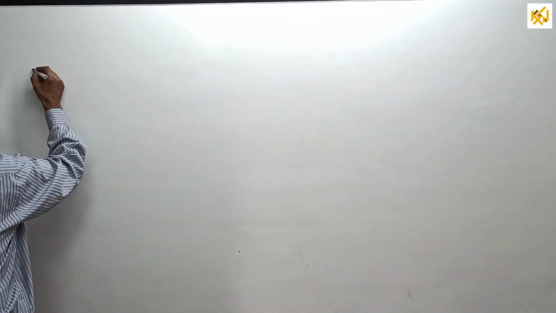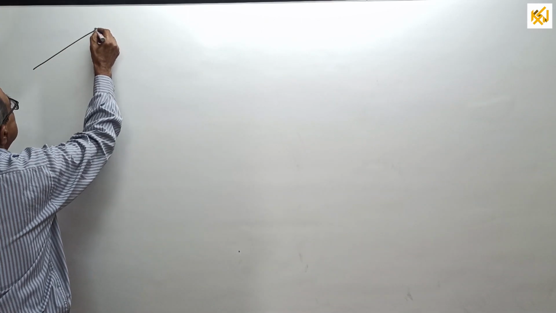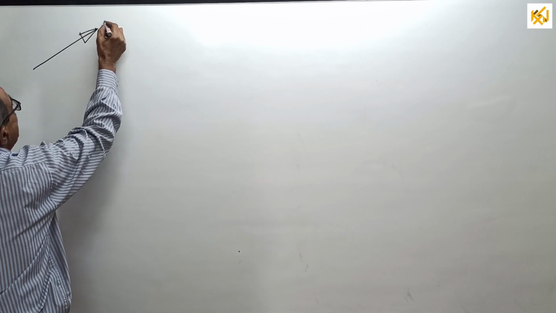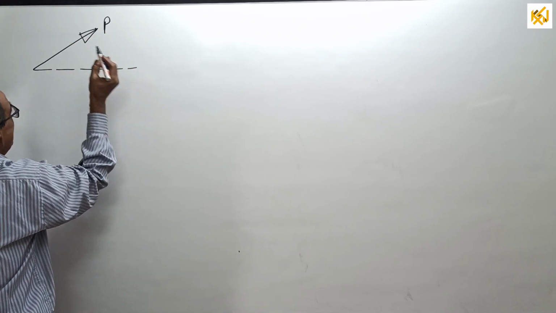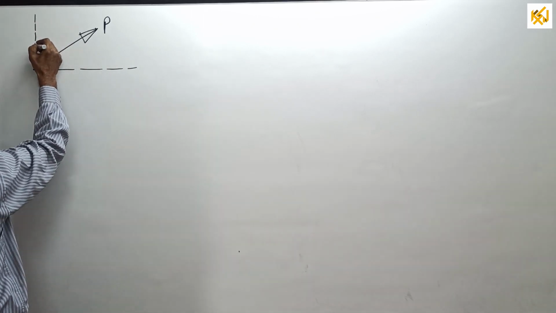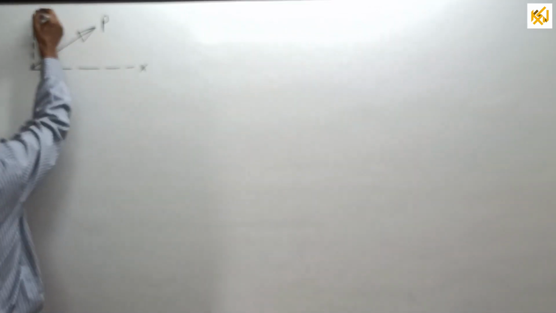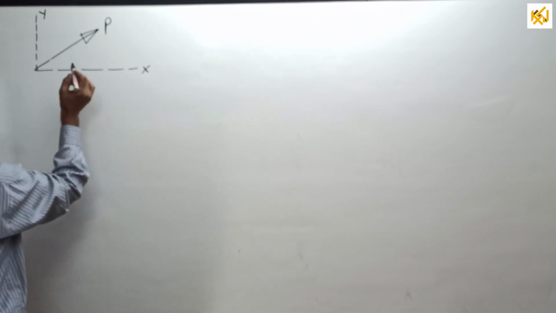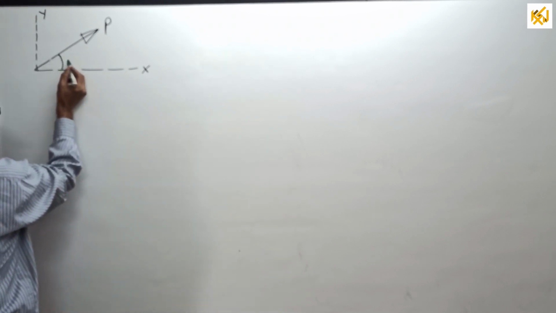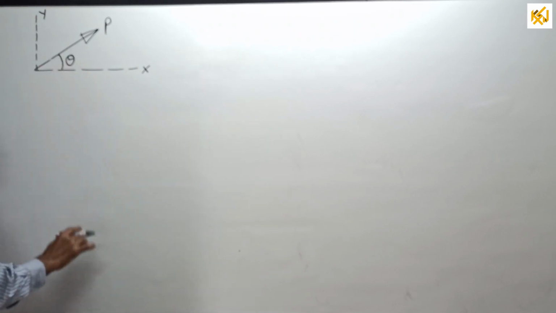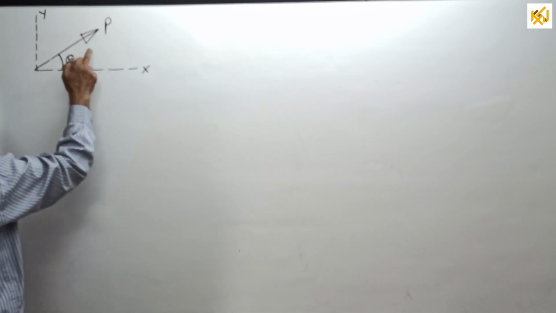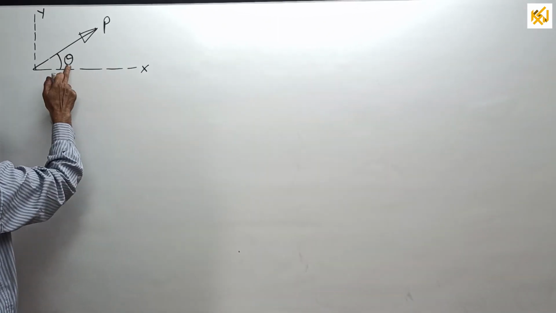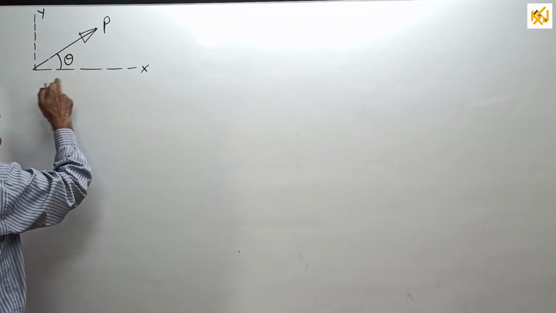See, consider a force. Say the force is P. You take one reference direction here, or axis if you want. I will call this X and Y. Just let this angle be theta. That is, we are considering the angle made by the force P, which is to be resolved, and that angle is theta with the X direction.